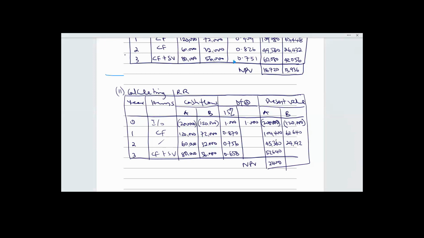Year 3, 56,000 multiplied by 0.658 equal 36,848.